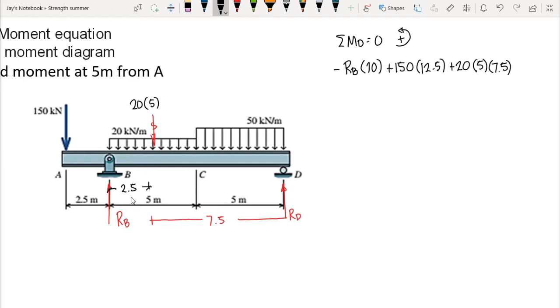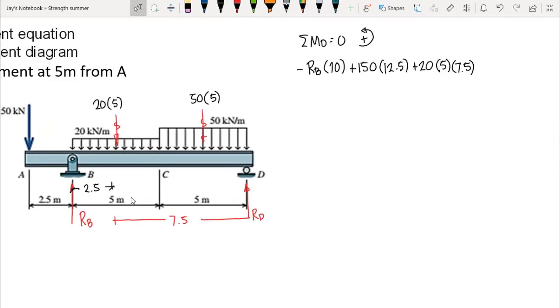And then we have the resultant of the uniform load of 50 kilonewton per meter. This gives us 50, the uniform load, times the length of action, that is 5. This gives us 250 kilonewton.